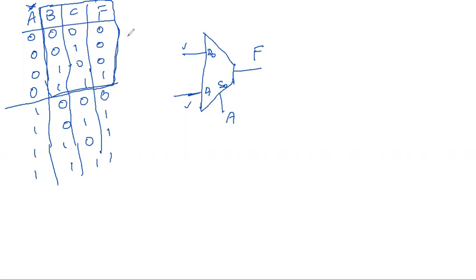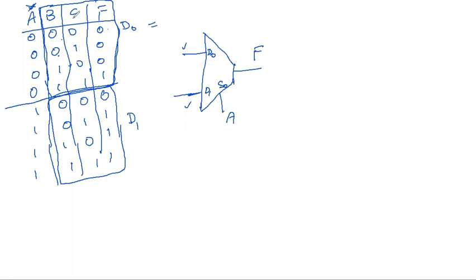This first part means D naught, and this second part is for D1. Observe here: 0 0 0 0 1 0 1 0 0 1 1 1. It looks like an AND gate truth table, right?